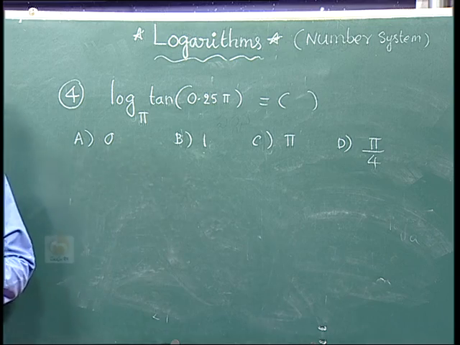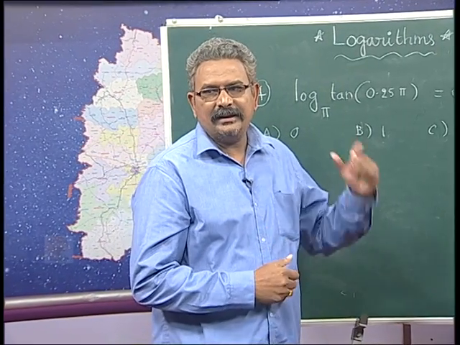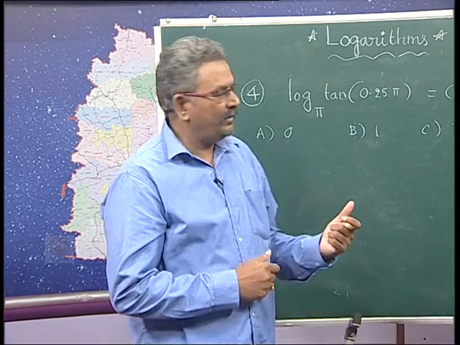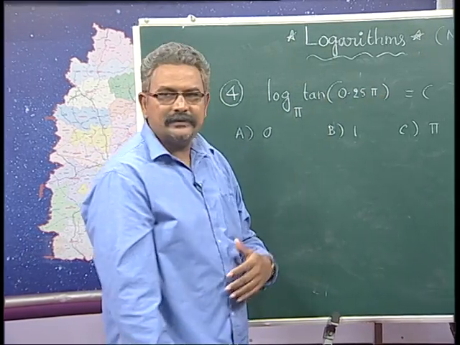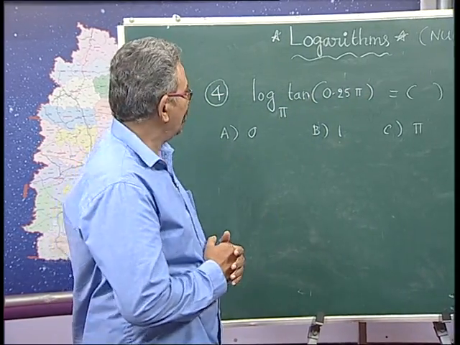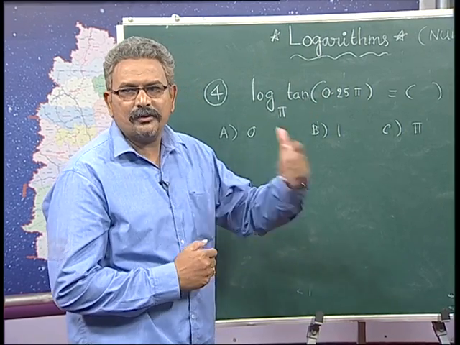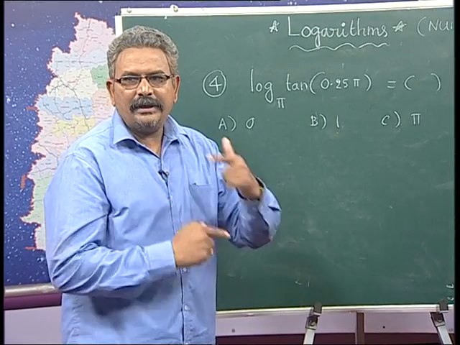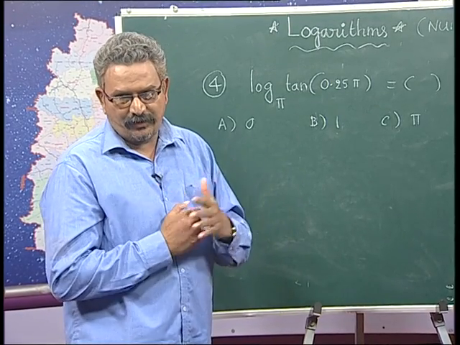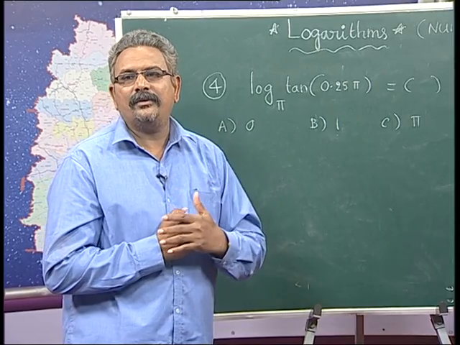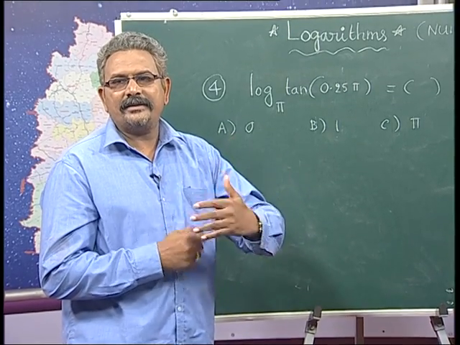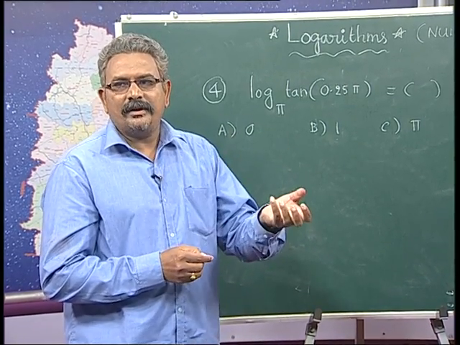So, let us think for a while. Here, log of tan of 0.25 pi to the base 5. What is 0.25? It can be converted into fraction form, 25 by 100, and the simplest form is 1 by 4.